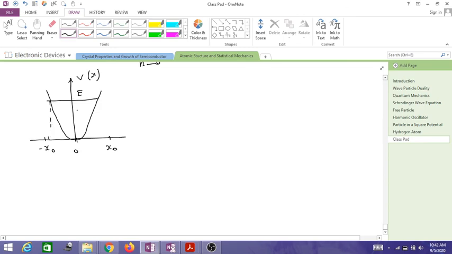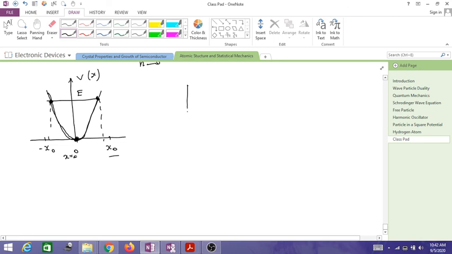With respect to this, when the particle is moving and reaches the point x naught, its kinetic energy is 0. When x is equal to 0, its potential energy is 0 and kinetic energy is maximum. When the particle is at minus x naught or plus x naught, the potential energy is maximum and kinetic energy is 0.